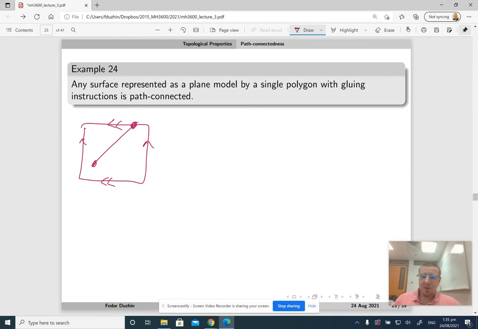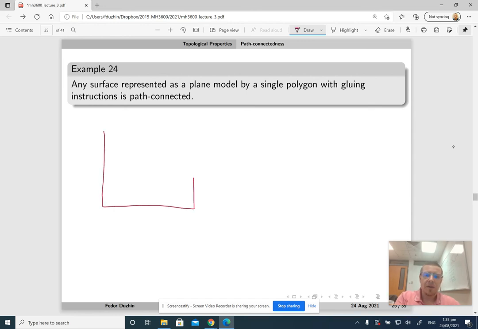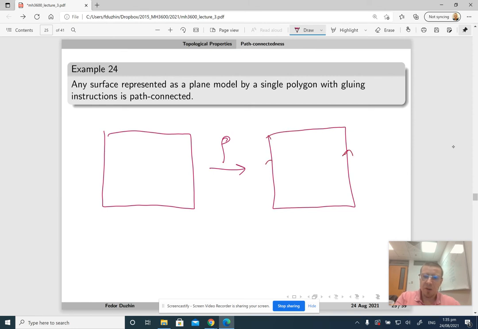But from another perspective, such a torus can be thought of as a continuous map from the square, as a projection to the quotient space.